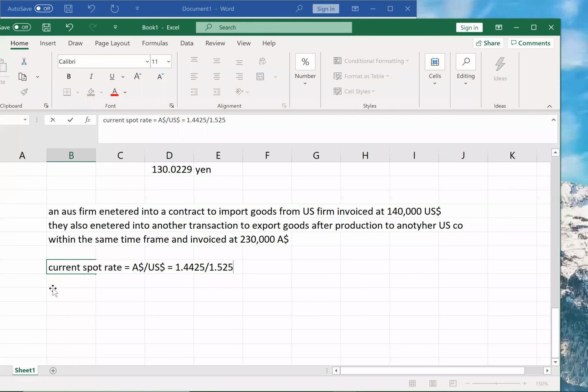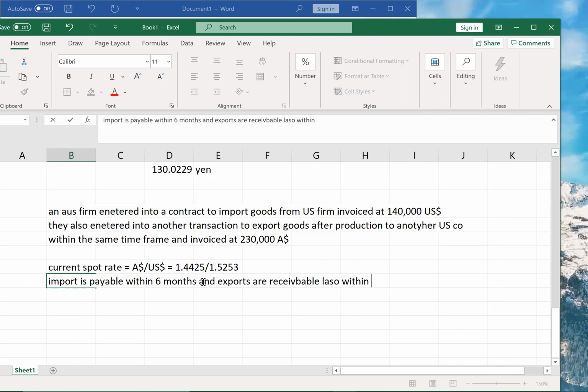That is the current spot rate. The import is payable within 6 months. And exports are receivable also within 6 months.